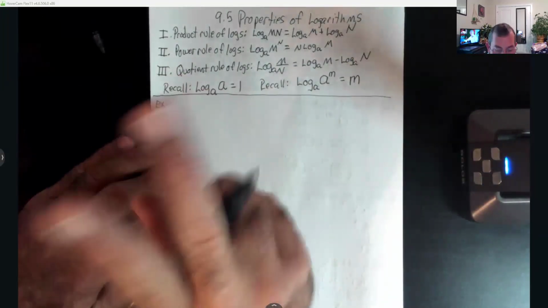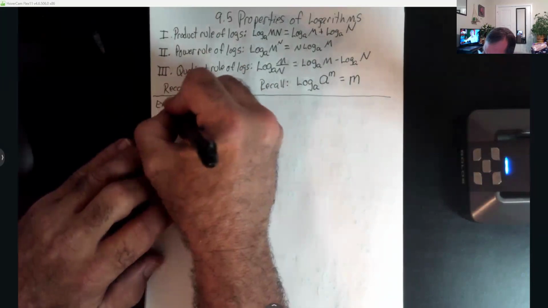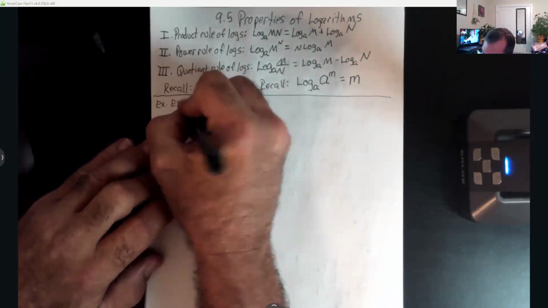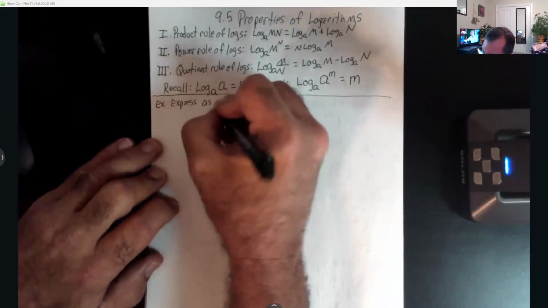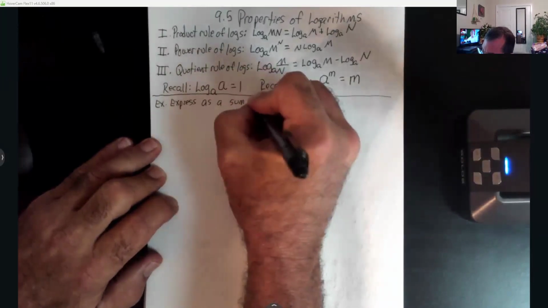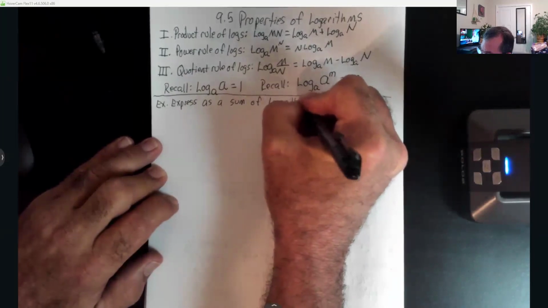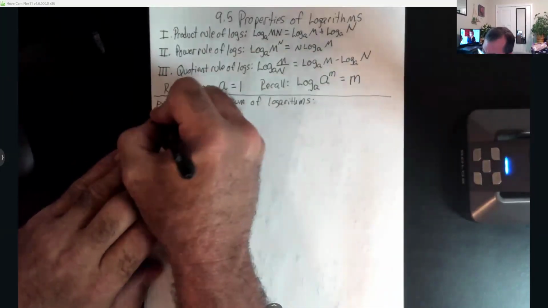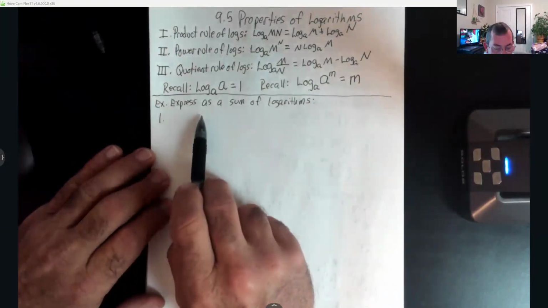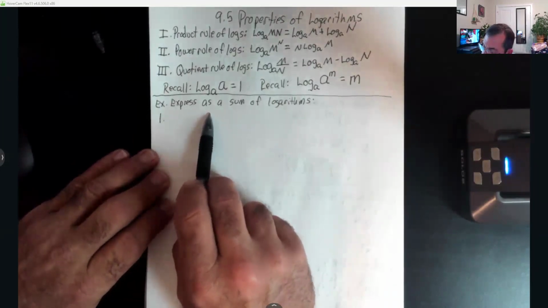So the first 2 problems, they want me to express as a sum of logarithms.